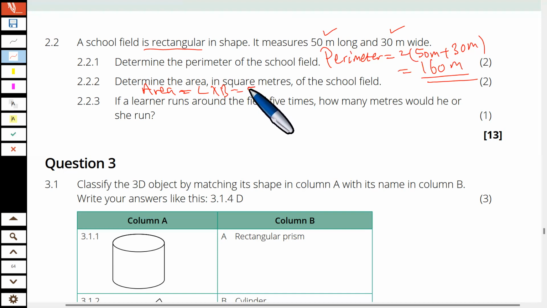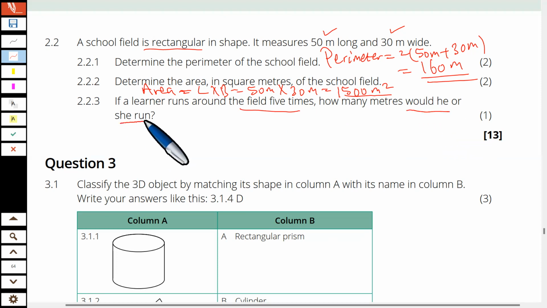So it is 50 meters by 30 meters. What is 50 by 30? Yeah, it's 1,500 square meters.